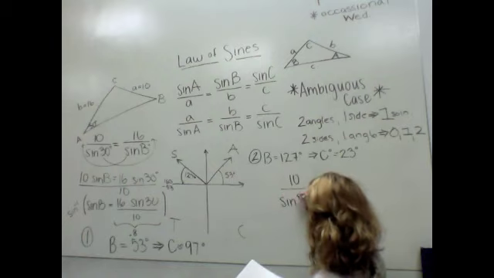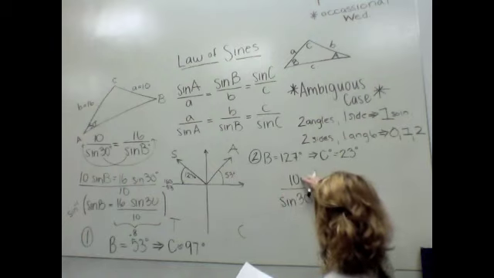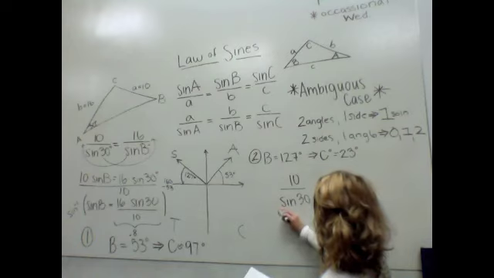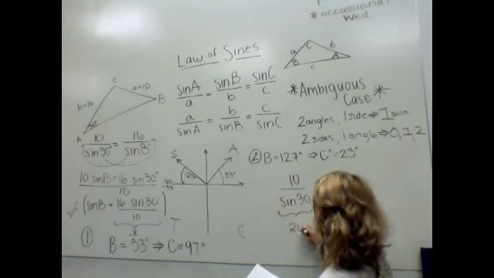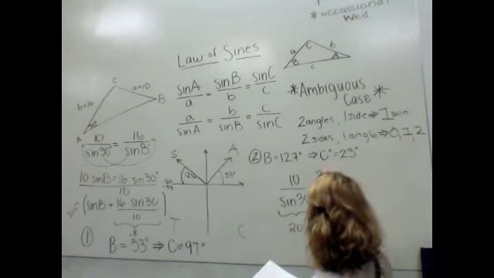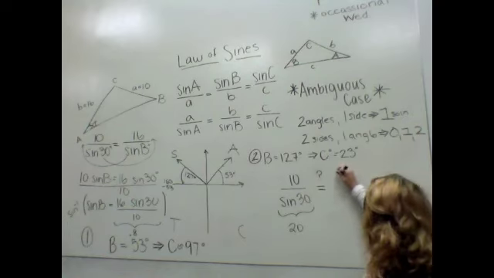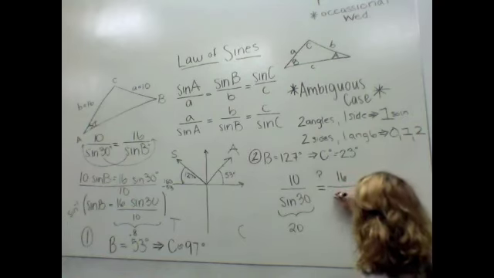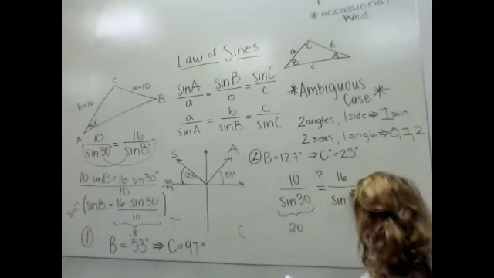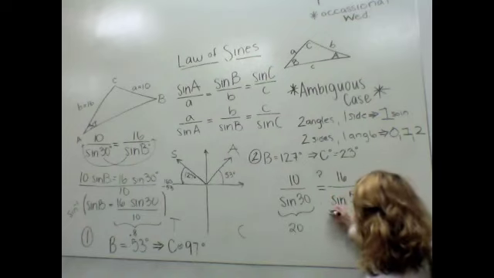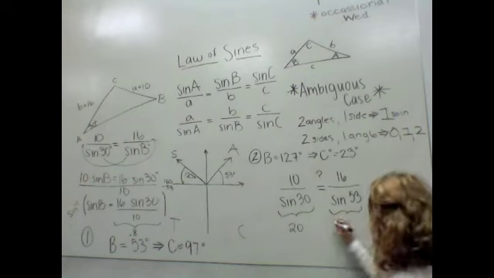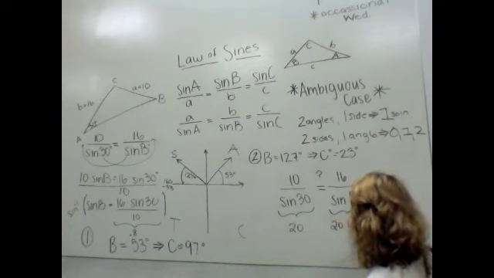10 over sine of 30. This is my ratio for A, with its side length and its angle. You type this into your calculator, you get 20. We are going to question whether this is equal to B's ratio. So B's ratio, it had a side length of 16, and it had one possibility of having an angle of 53 degrees. When you type this into your calculator, you get 20.03.